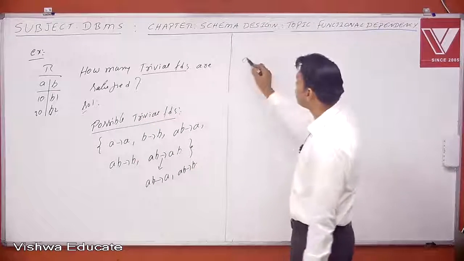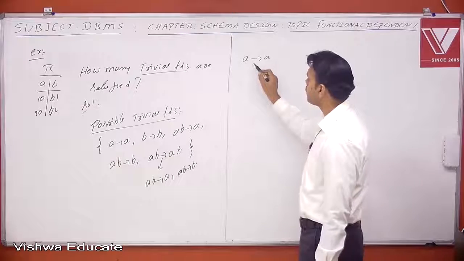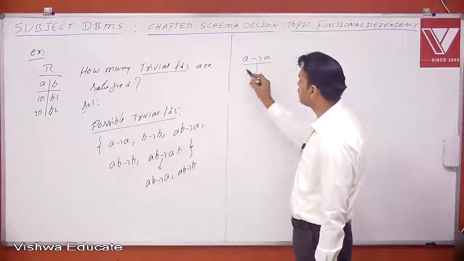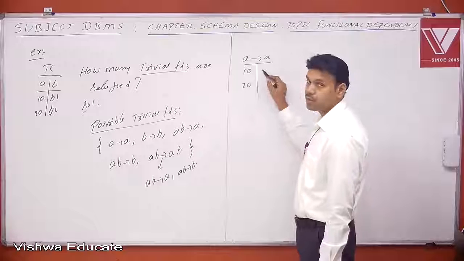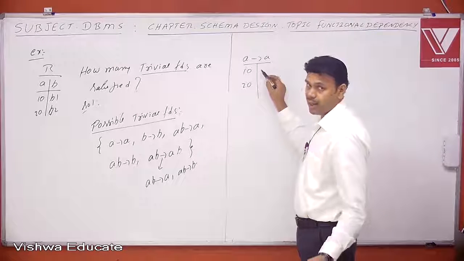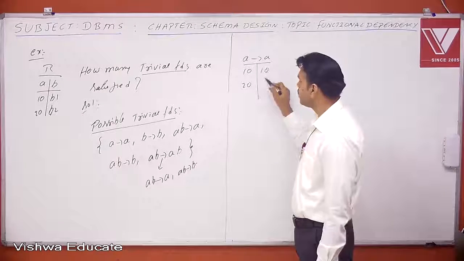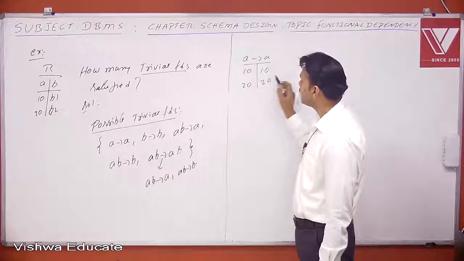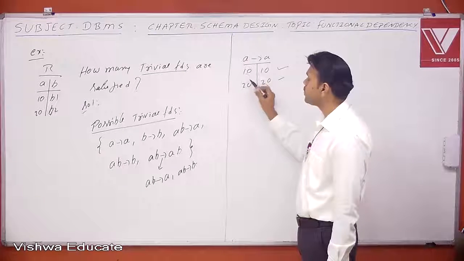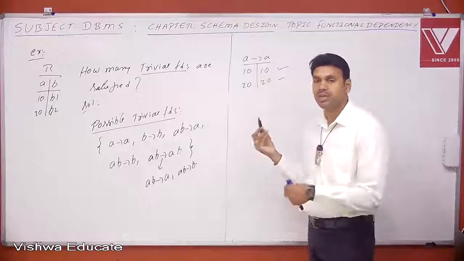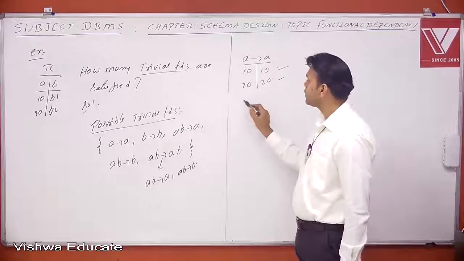Let us check. A→A. Take the A data and A data: 10, 20, and on the right side the same 10 and 20. Satisfied or not? It is satisfied because 10 is unique and 20 is unique. We don't mind about the dependent. What is the next one?